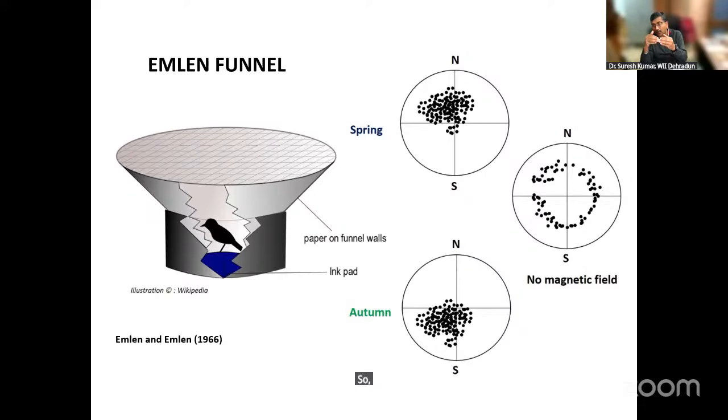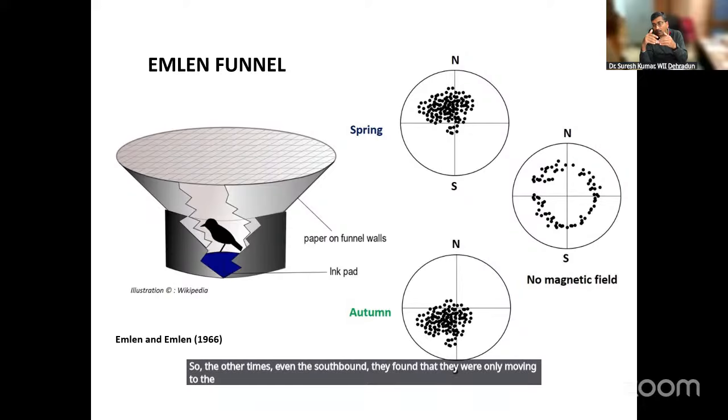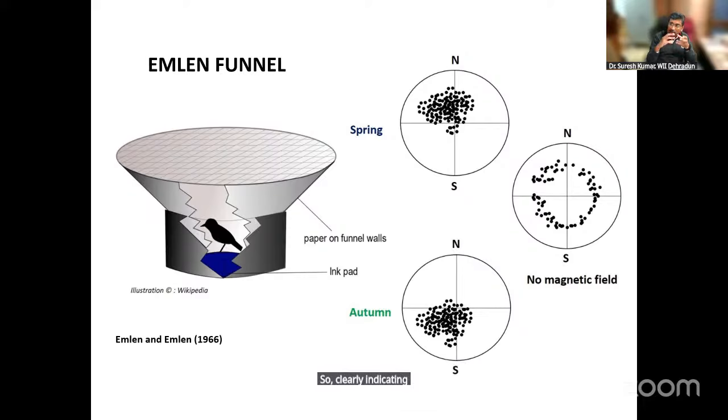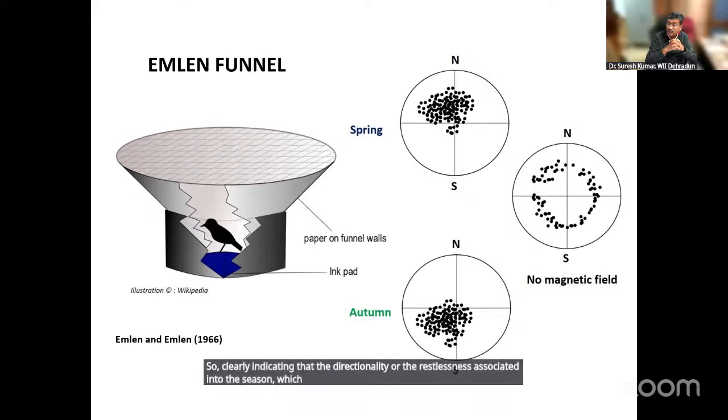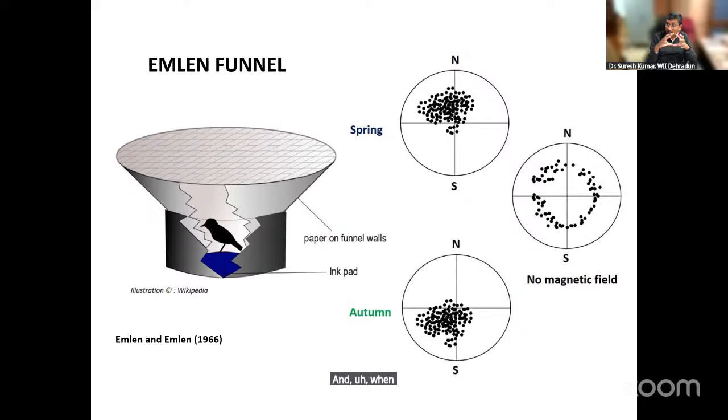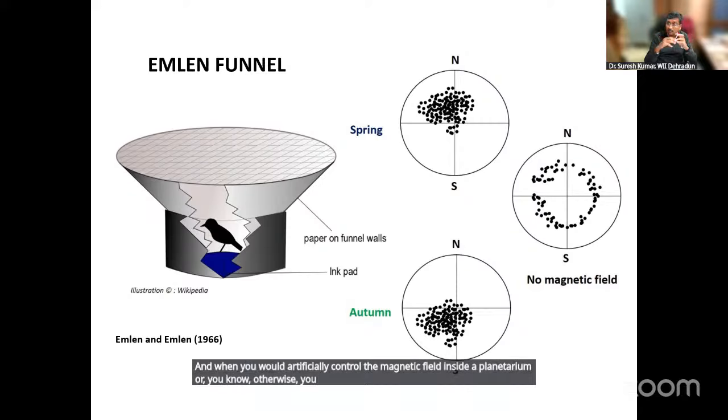At other times, when southbound, they found that they were only moving to the southern part of the cage, the part of the cage that's facing south. So clearly indicating that their directionality or their restlessness is associated with the season, which direction they were headed. And when you would artificially control the magnetic field inside a planetarium or otherwise, you would generally see the birds hopping all over.